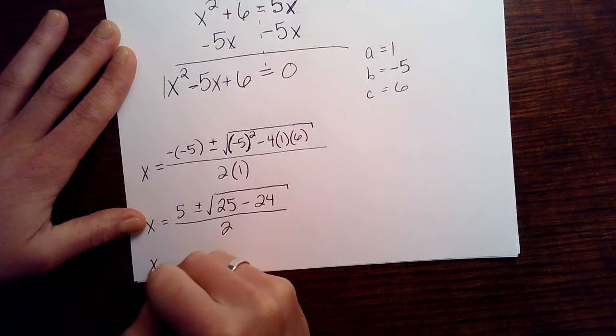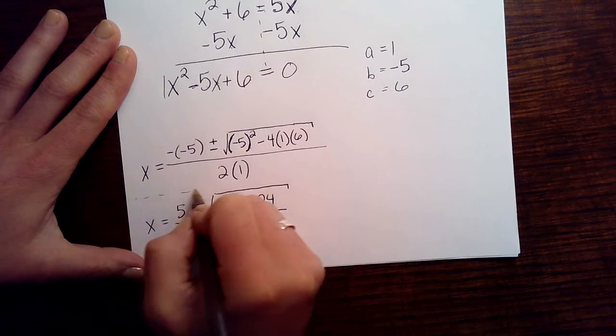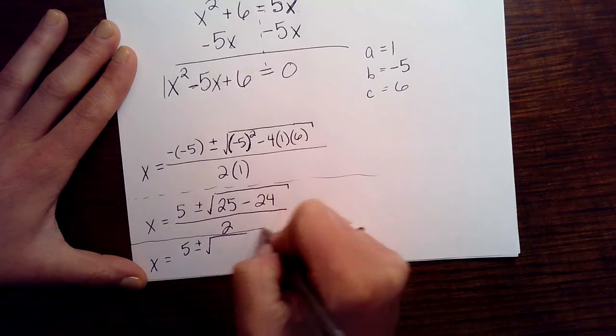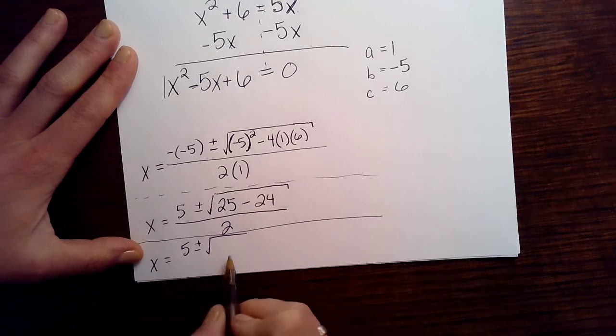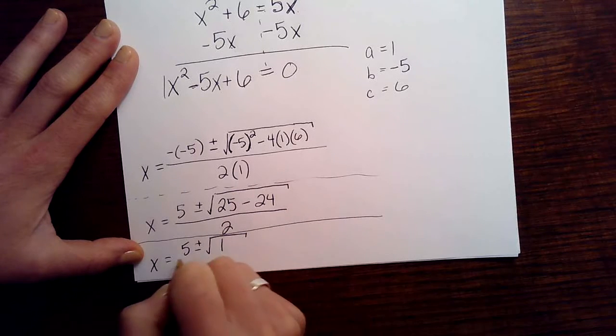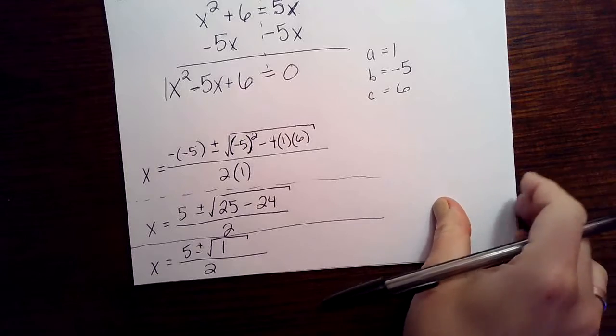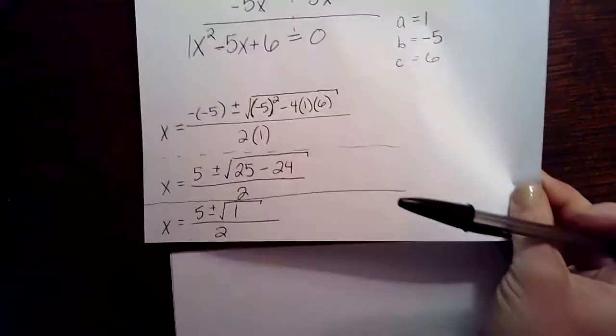Another simplifying step: x equals 5 plus or minus the square root of 25 minus 24, which is 1, all over 2. And what is the square root of 1?